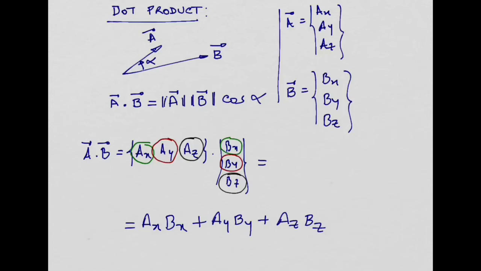If you know the components of the vectors in a coordinate system, AX, AY, AZ, BX, BY, BZ, you can do the dot product by multiplying the first component of each vector, plus the second component of each vector, plus the third component of each vector. This should be exactly the same at the end. So let's do an example of this.